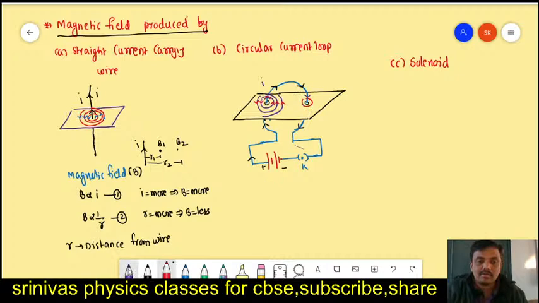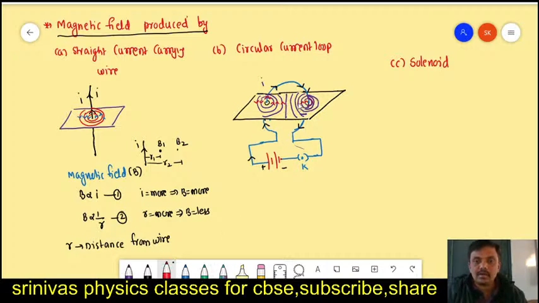Field lines are in circle shape, and they are in the clockwise direction.